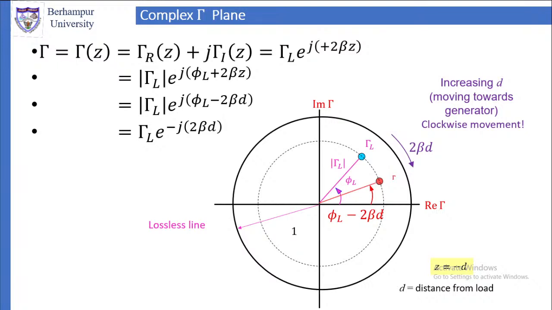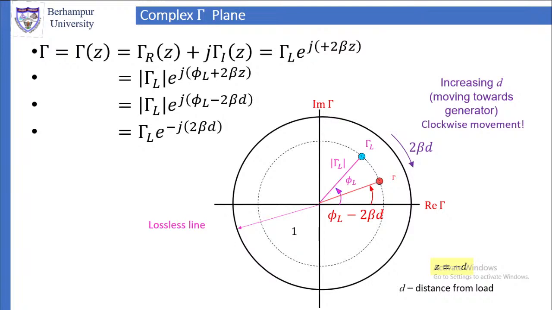Clockwise direction means it is a negative angle. Therefore, you reach the new point, the red dot, which is gamma. If you go from the real axis to the gamma point, the angle will be phi L, which was the angle for gamma L, minus 2 beta d, since we moved by 2 beta d in the clockwise direction.